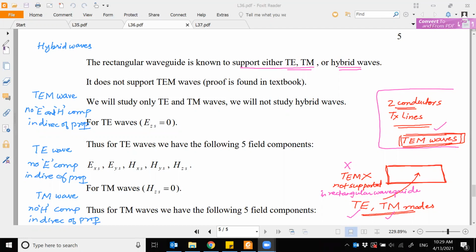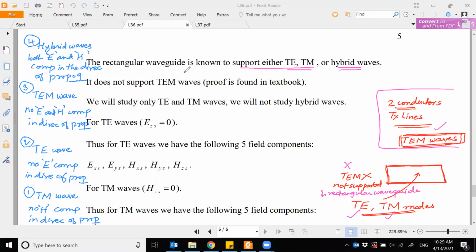For the hybrid case, both E and H components will exist in the direction of propagation. Okay, this is the quick comment. Thank you, Mohammed. So this is the quick revision.